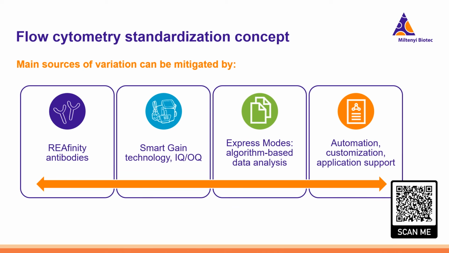Yeah, what is depicted here is our flow cytometry standardization concept. And the main source of variation can be basically mitigated by our REAffinity antibodies. Those are derived from a defined DNA sequence, and they are produced under standardized conditions and provide a high lot-to-lot consistency.